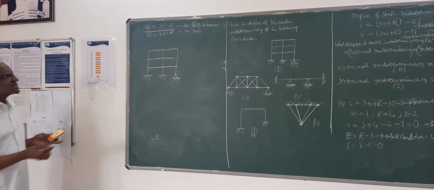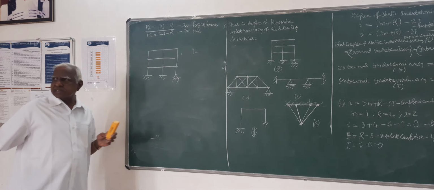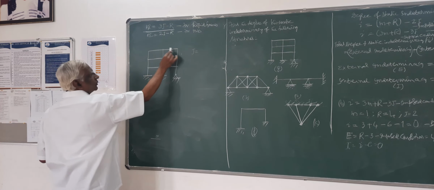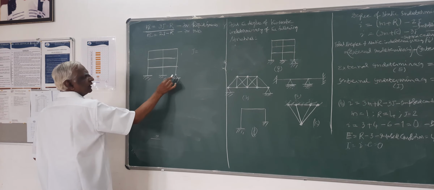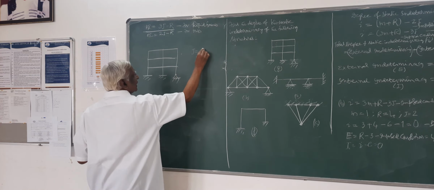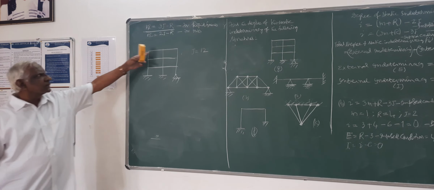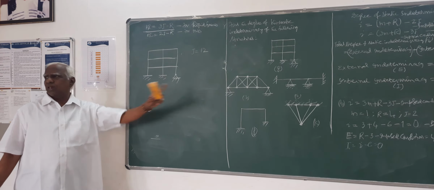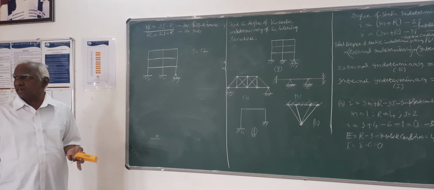As usual, it is simple. You have to count the number of joints. So 1, 2, 3, 4, 5, 6, 7, 8, 9, 10, 11, 12. Totally the number of joints is 12. Supports you also count as joints.